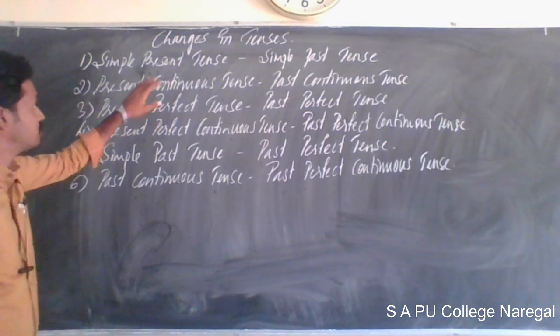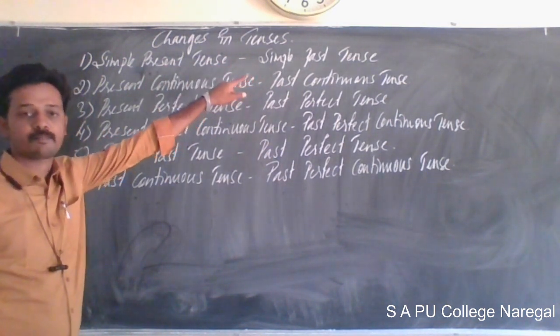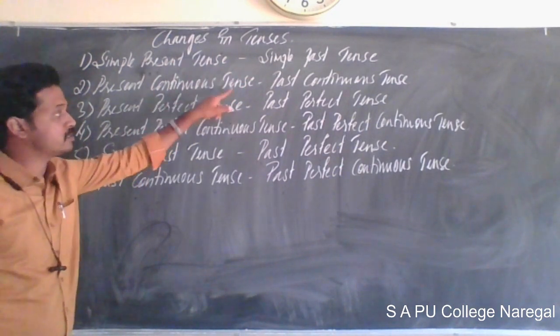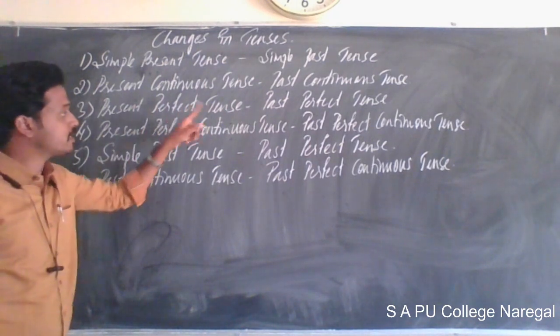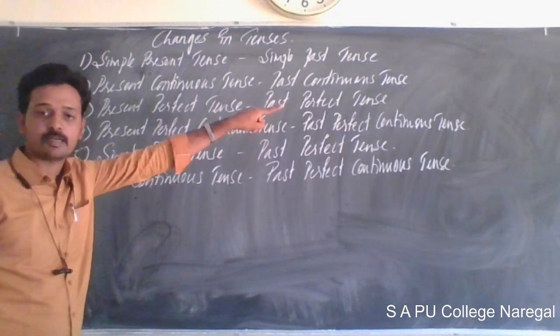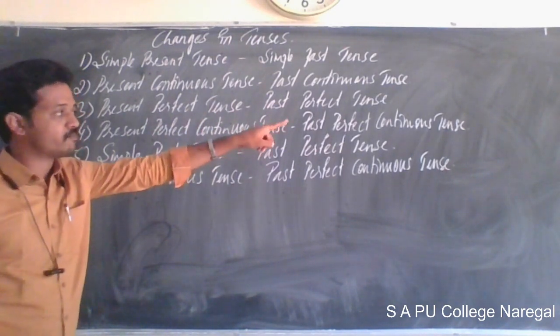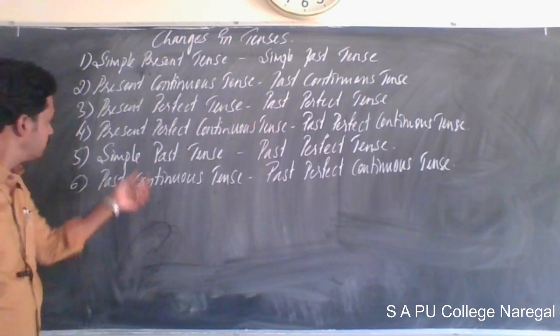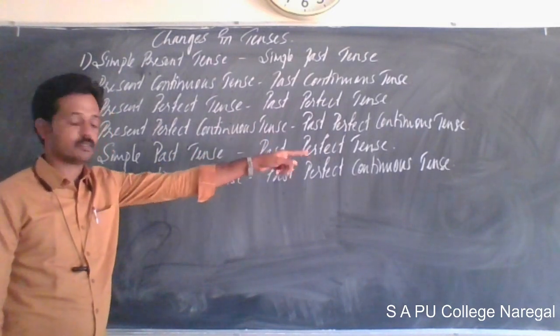We'll glance once again. Simple present tense to simple past. Present continuous tense to past continuous tense. Present perfect tense to past perfect tense. Present perfect continuous tense to past perfect continuous tense. Simple past tense to past perfect tense.